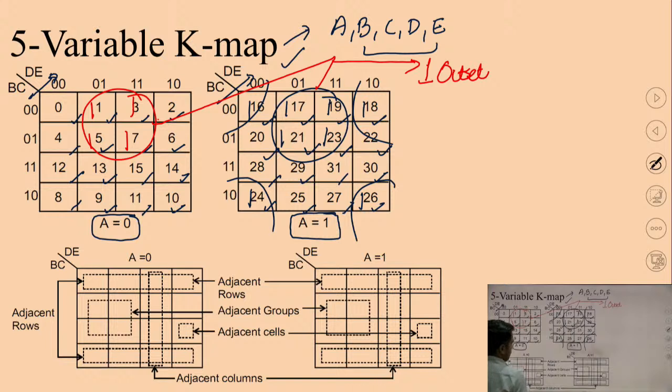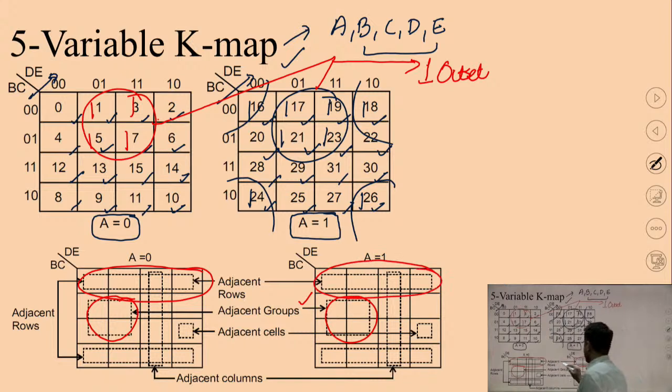Similarly, in the lower structure, you can check that if this is a square and on the same location there is a square, so these are adjacent groups. That means size will double up. That means it will be an octet. Similarly, there is a row here, there is a row here. So these are adjacent rows. And if there is a single cell here and a single cell here, then these are adjacent cells.